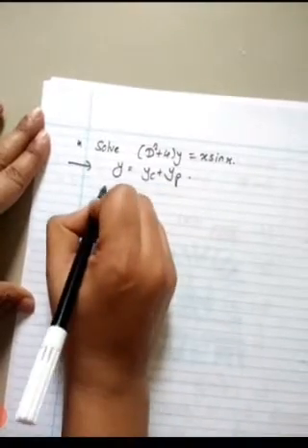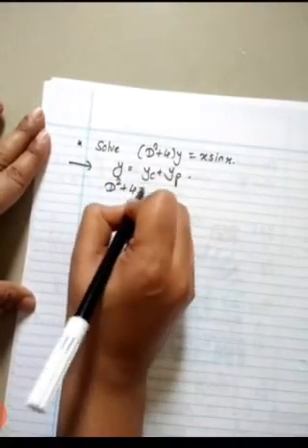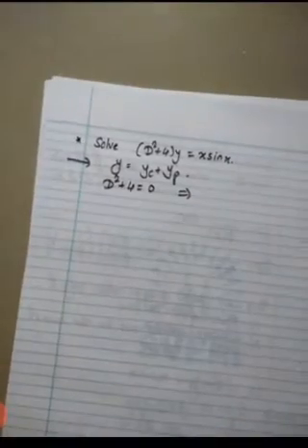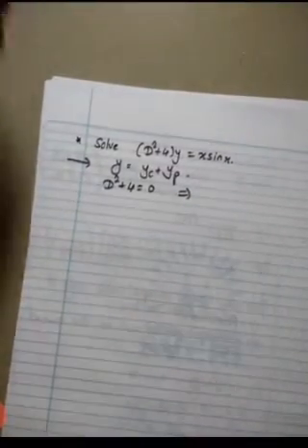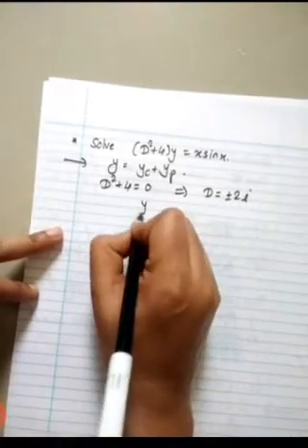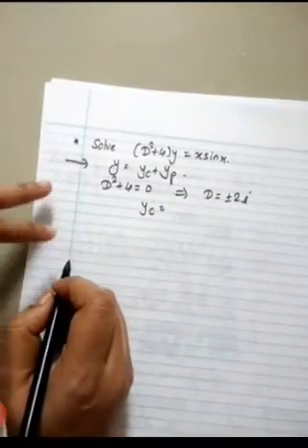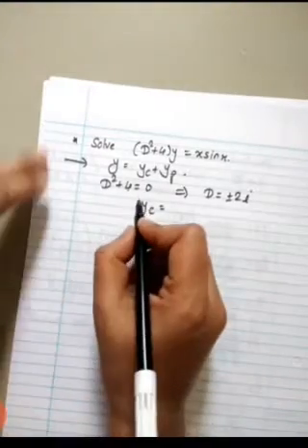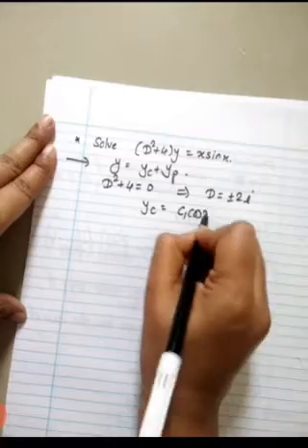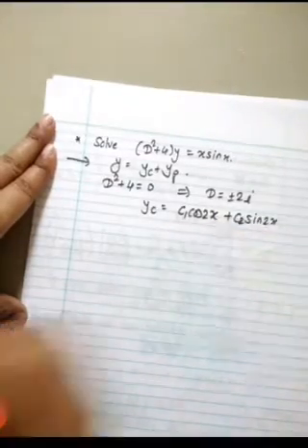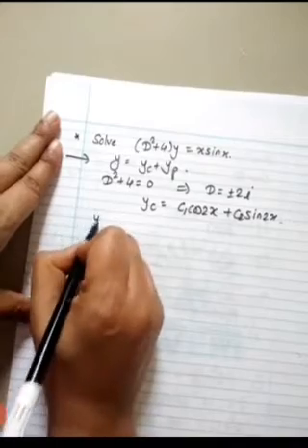To find yc, consider the auxiliary equation d square plus 4 is 0. So what are the roots? Plus or minus 2i. So what is yc? C1 cos 2x plus C2 sin 2x. Very good. Alpha is 0, so e raised to 0x is 1.